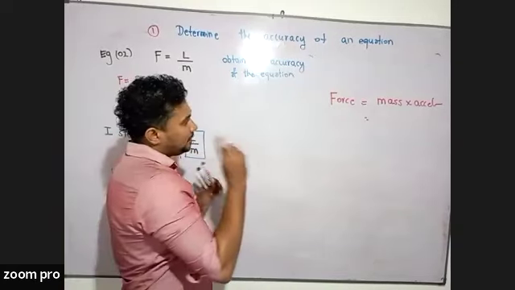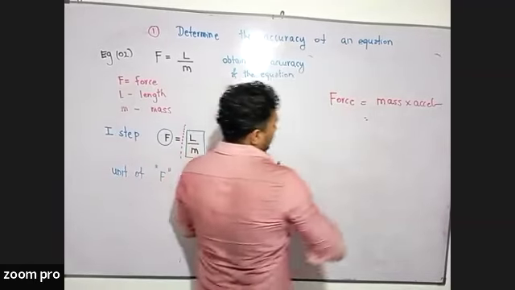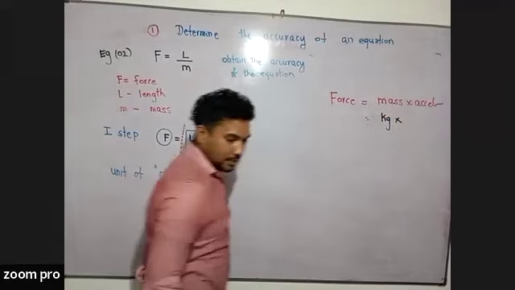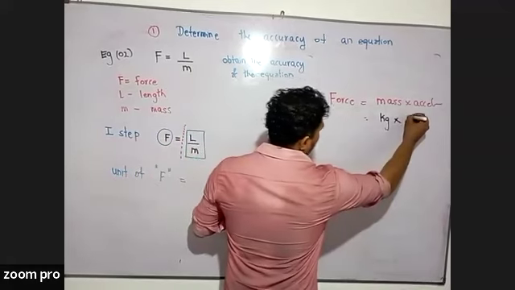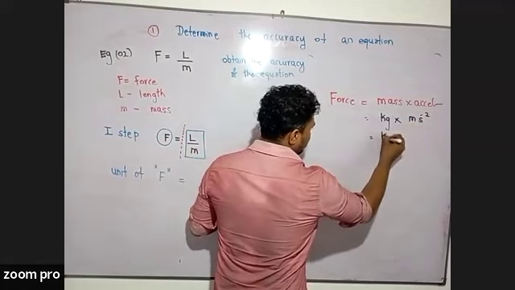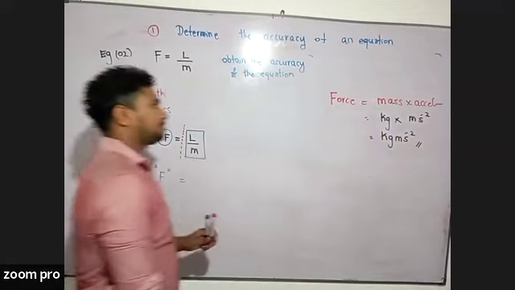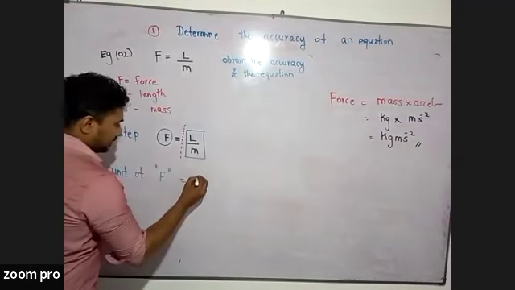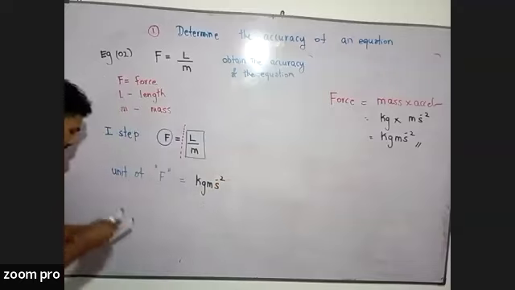Just keep in mind that force equals mass into acceleration. So the unit of mass is kilogram, and the unit of acceleration is ms^-2. These are very simple things, right? So this is the SI unit of force, kg ms^-2. Let's write this answer: kg ms^-2.